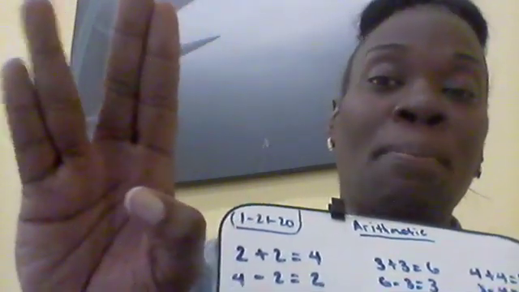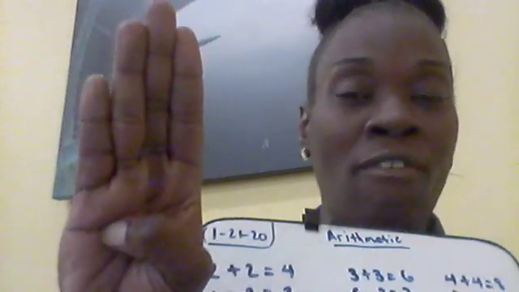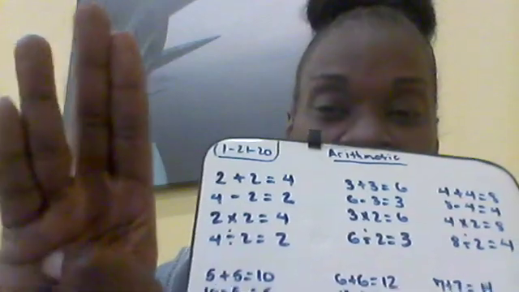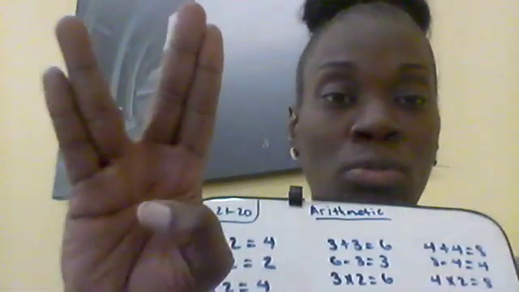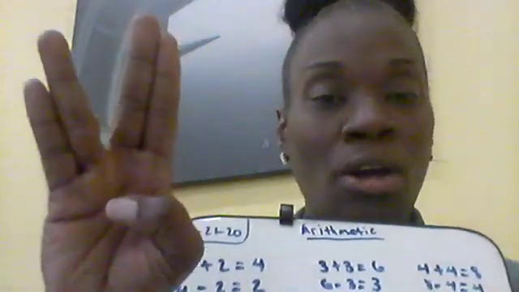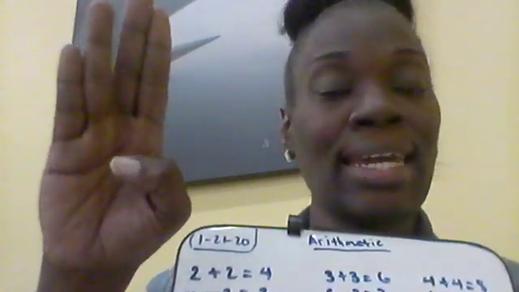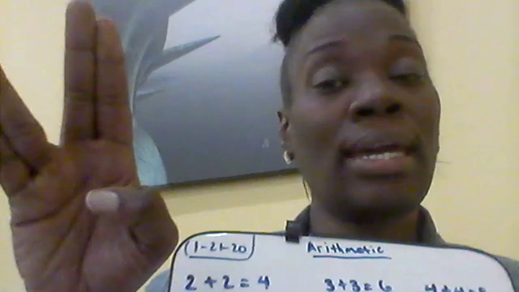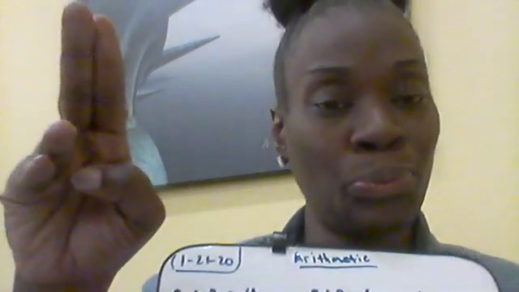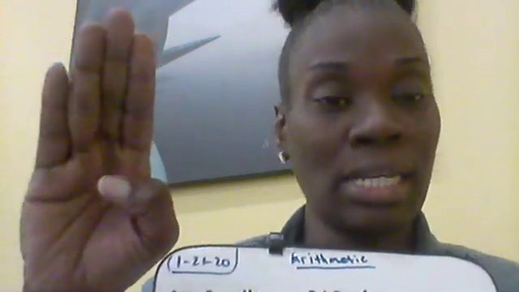When I put them together, how many do I have? 4. So when I have two sets of 2, my total sum, if I'm adding, is 4, or my product, if I just say 2 times 2, my product is going to be 4.